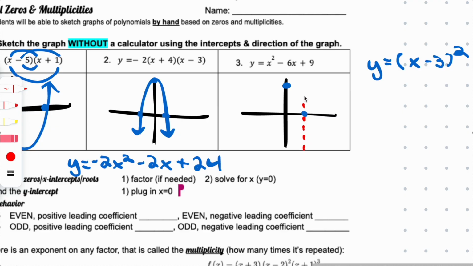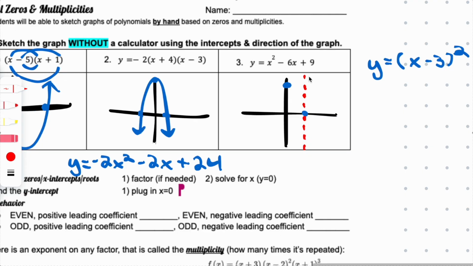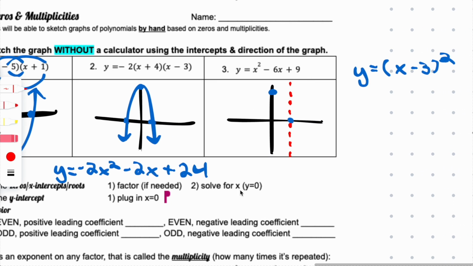One thing is when we have this in intercept form, or I can even consider this an intercept form if I just say it's x minus 3, I know that since parabolas are perfectly symmetrical, the midpoint between those two intercepts is where our vertex is going to be.